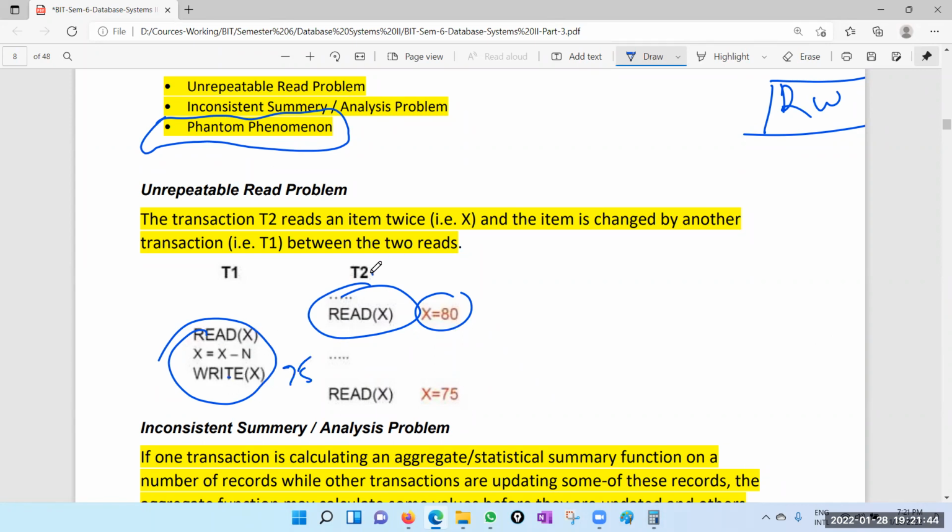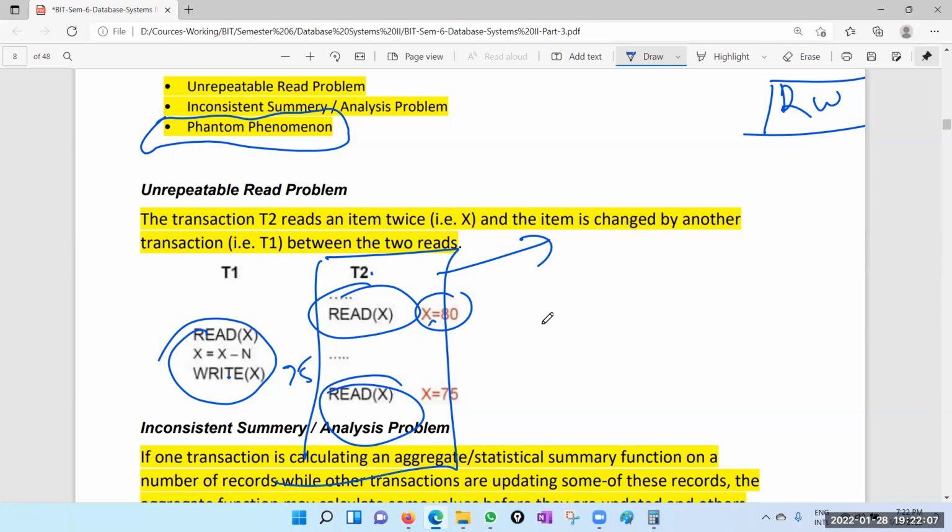Now transaction 2 is again reading, because the transaction is not over. Maybe this transaction is involved in generating reports. So the first report is generated, but at that time X was 80.